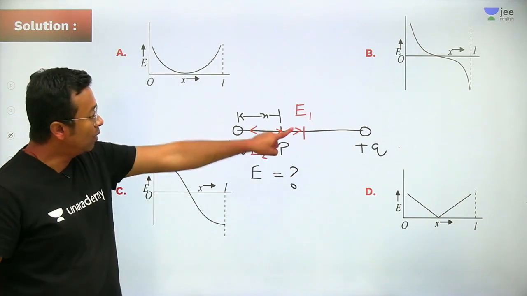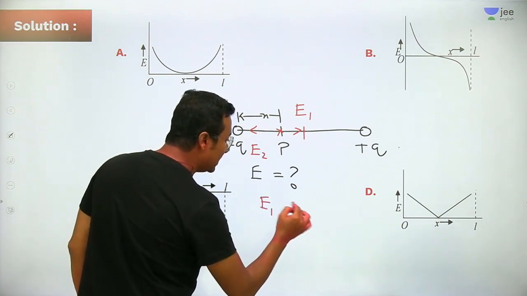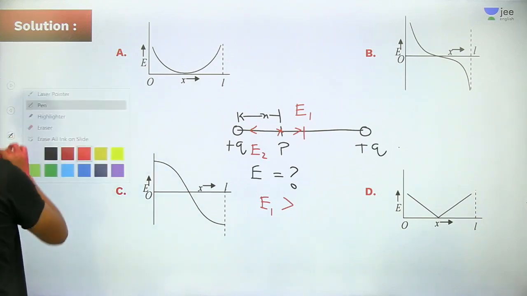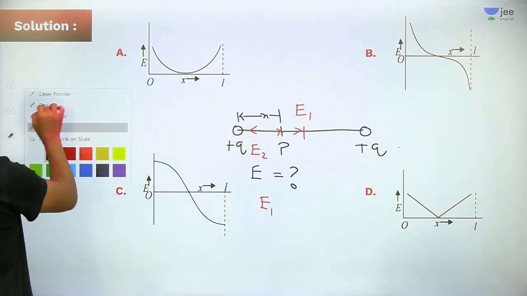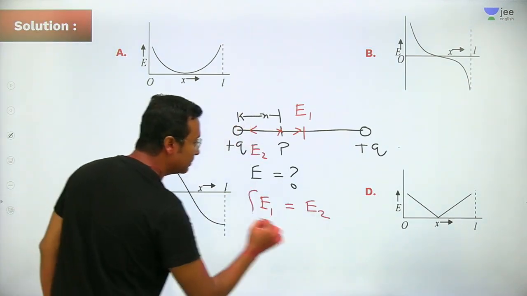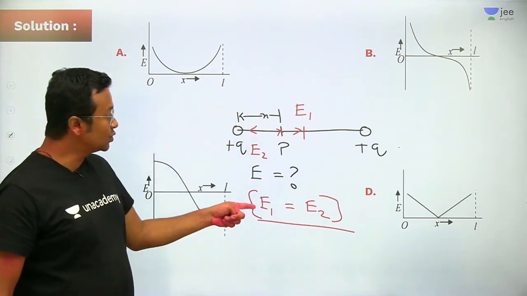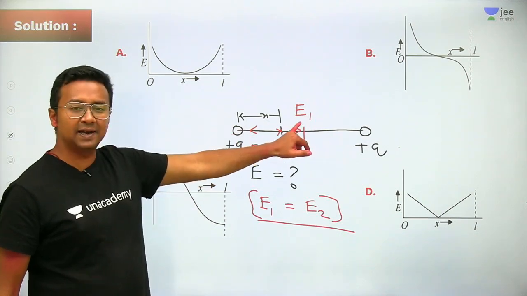What will happen at the center? At the center, E1 will be equal to E2, because the electric fields cancel out at the center. Simple enough. What happens between the first charge and the center?